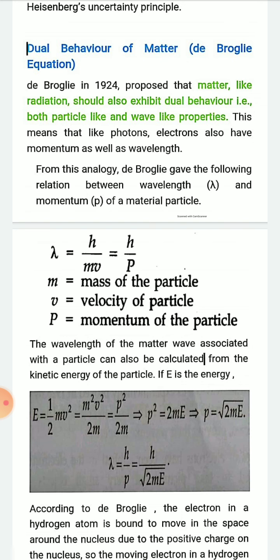This means that like protons, electrons also have momentum as well as wavelength. As a particle has dual nature, that is particle nature as well as wave nature, particles can have a wavelength.